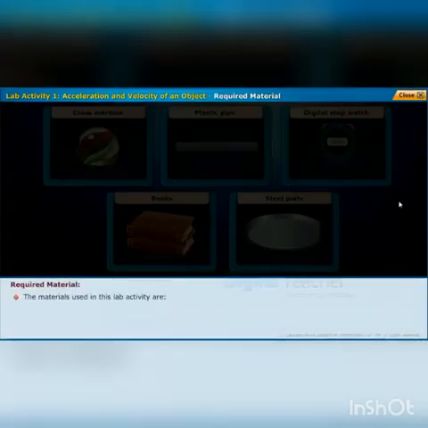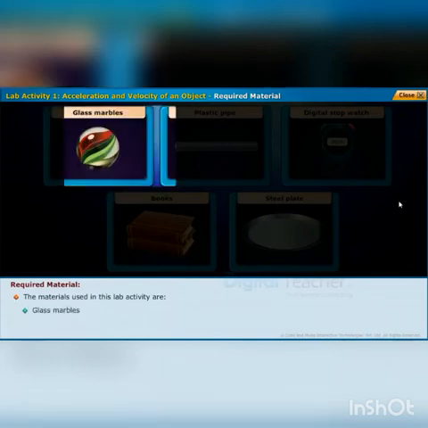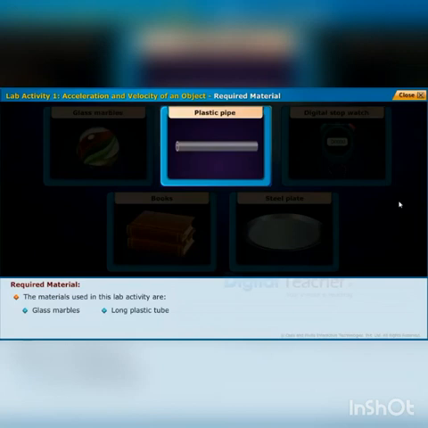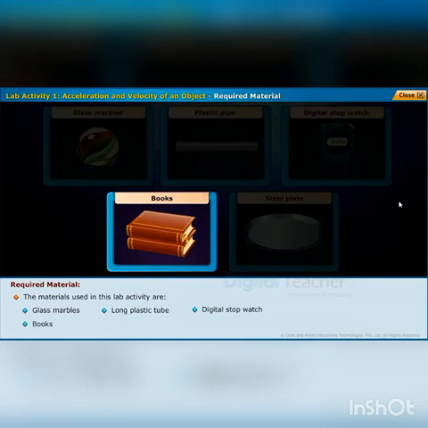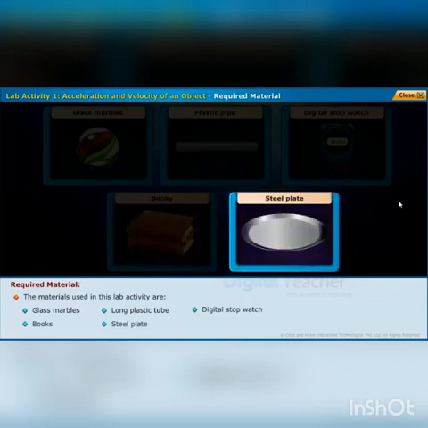The materials used in this lab activity are glass marbles, long plastic tube, digital stopwatch, books, and steel plate.